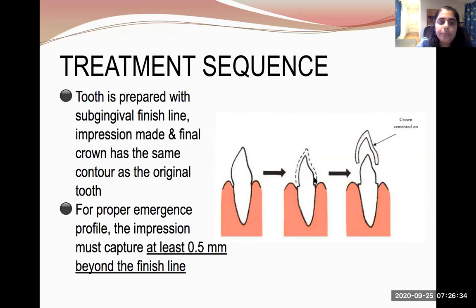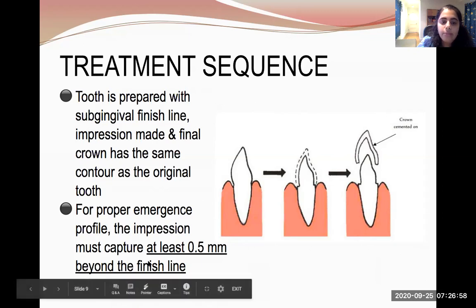So after the tooth preparation is done, we have to make sure that the crown has the exact same form and contour of the original tooth structure, so that we can avoid any problems in the future. So it is important to get a proper emergence profile, and for that the impression must capture at least 0.5 millimeters beyond the finish line.